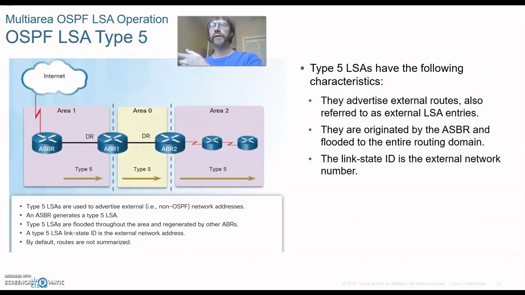Our type 5s, as I mentioned, are an ASBR advertising an external link, a non-OSPF network address. The link state ID there will be the external network address that is being advertised. The routes are not summarized, usually because it's just an address.